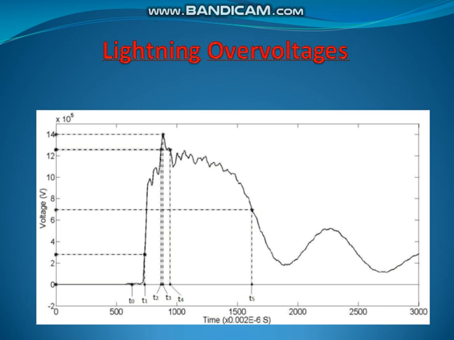The latter type are classified as temporary overvoltages if they are of power or harmonic frequency and sustained or weakly damped, or switching overvoltages, if they are highly damped and of short duration.